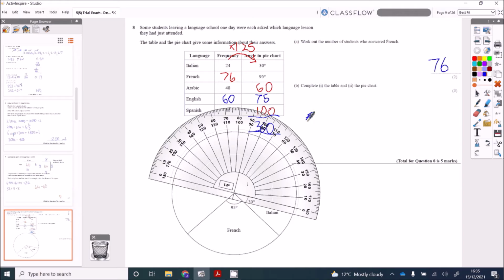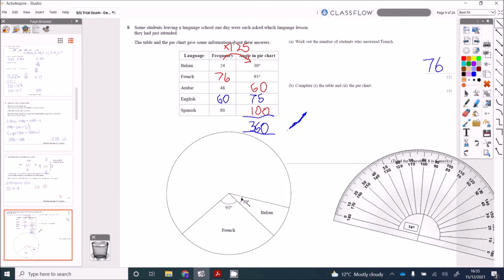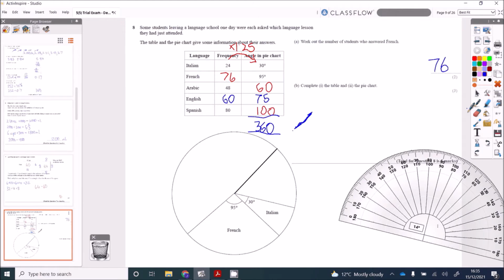Take my protractor away and then draw in that line, going from there up to there. So that is my 60 degrees Arabic.